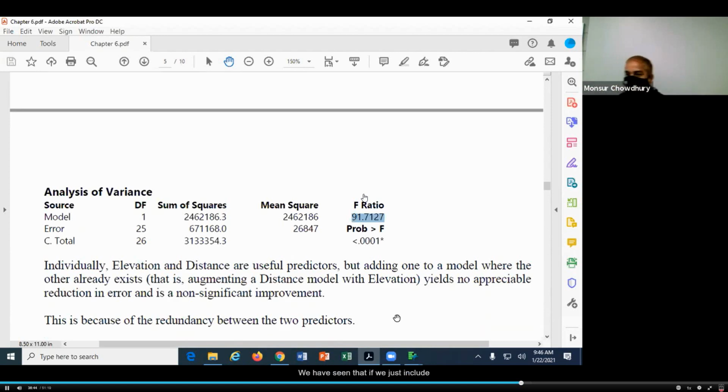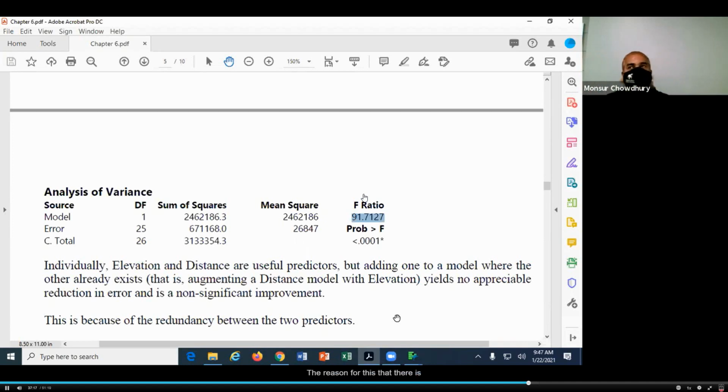We have seen that if we just include distance or just include elevation gain in our model, both of them are useful. But if we include both together, adding one when the other is already in the model does not give any extra information. So there is no significant improvement.